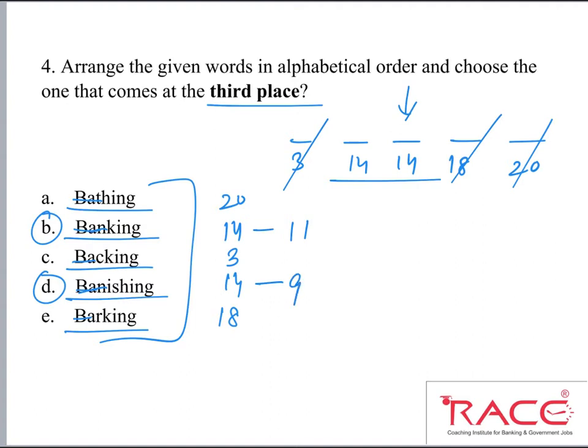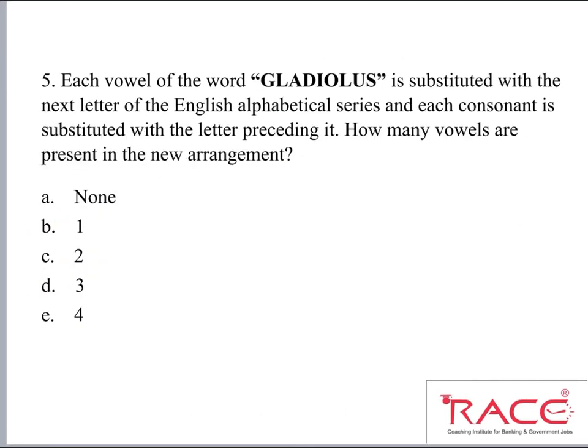So which value is smaller? 9. And which value is larger? 11. So which word will be at third place? Banking. So my answer is B. So this is how we solve these questions. Sometimes no need to solve the entire question. By doing these small tricks we can easily find out the answer. So now move on to the next question.